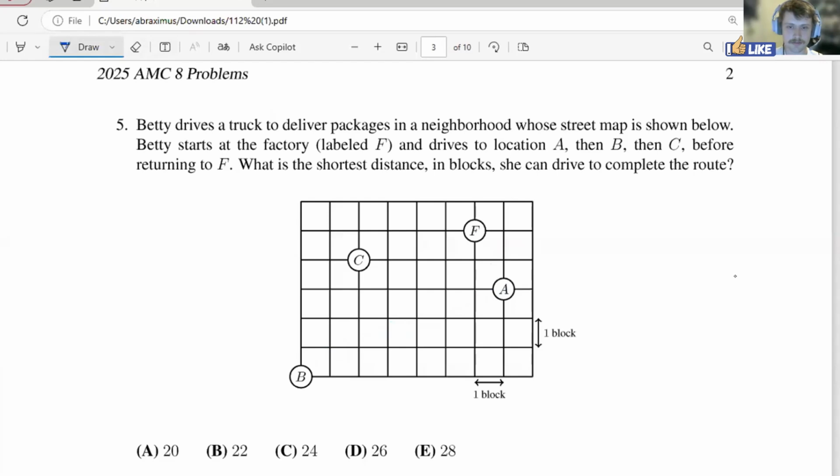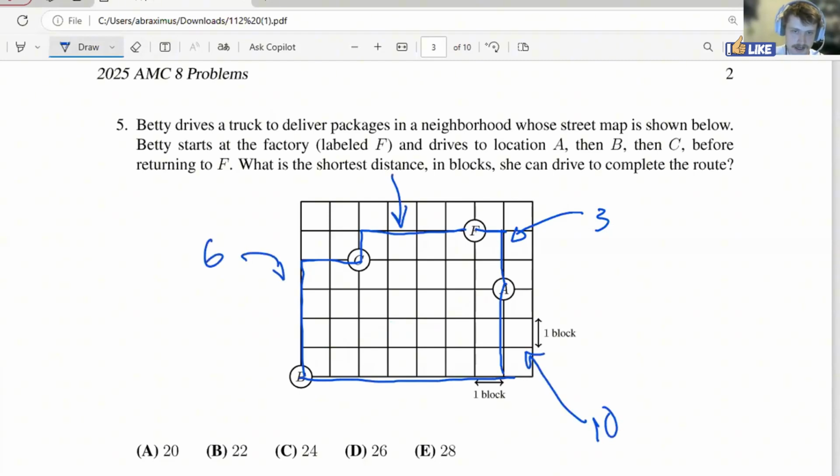So what we can do is go like this, like this, like this, and then like this, like this, like this, like this. This first one is 3, second one is 10, and then this is 6, and this is 5. When we add that all up, we get 24, which is C.